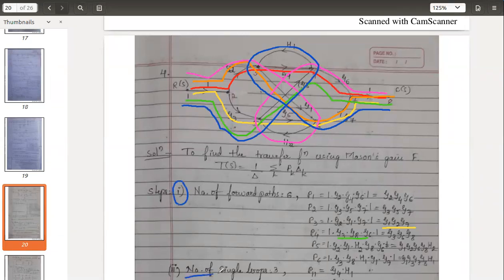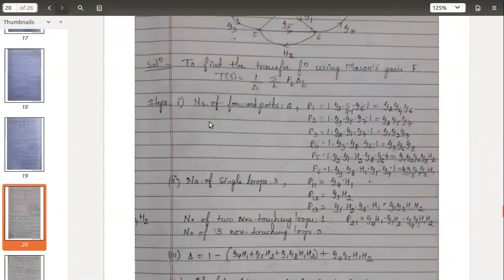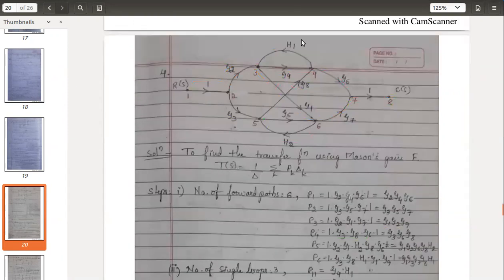What is step number 2? You need to identify the number of single loops. Hope the forward paths are clear to you. Let me erase that so that I can show you the single loops. So how many single loops? I have taken here 3. Out of these 3, 2 are directly visible to you.